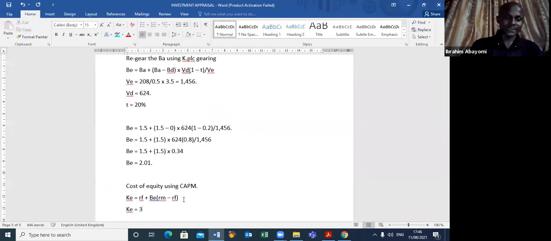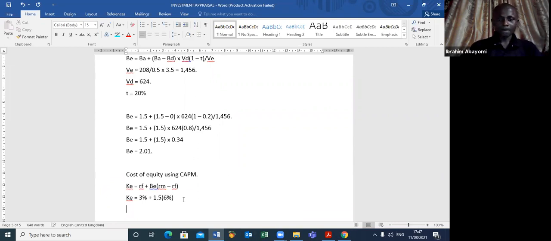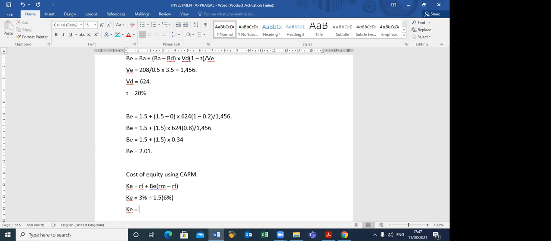So 3% plus 1.5 into bracket 6%. Cost of equity is equal to 1.5 times 6 plus 3. Beta of equity is 2.01.